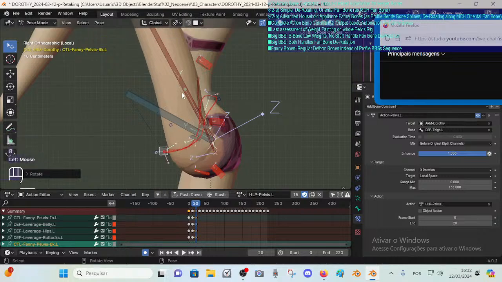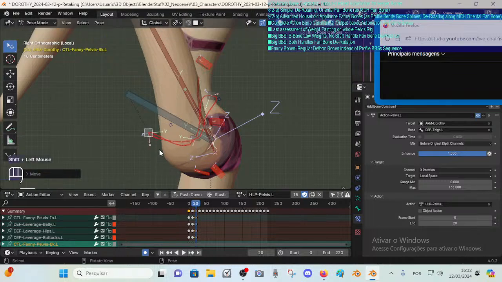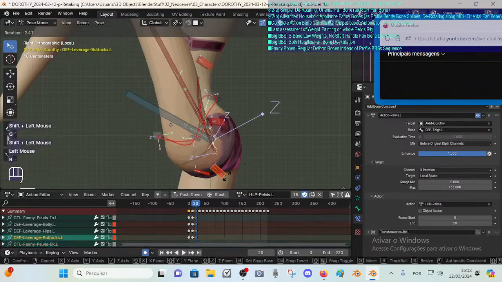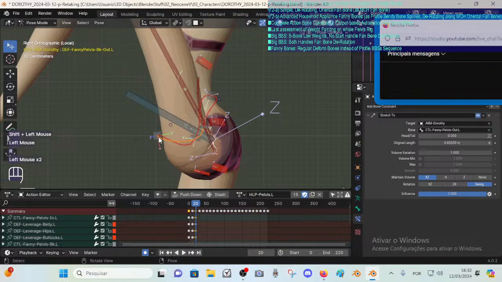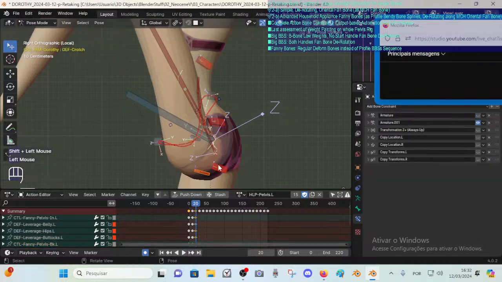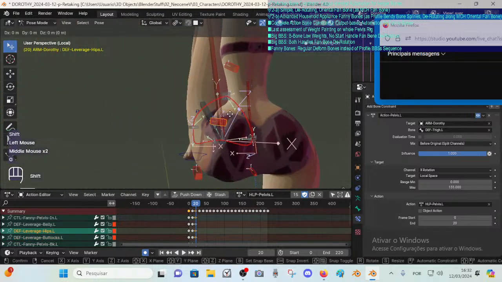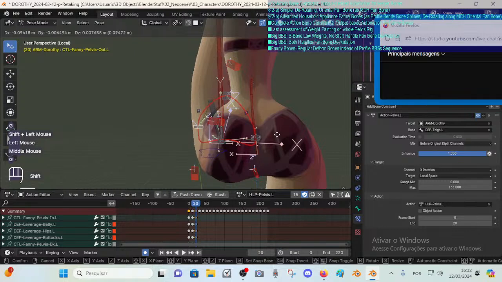What if I had another profile bendy bone spine? If I could do that, it could be interesting. The crotch is automated, so let's see here. I must be careful about the side also.